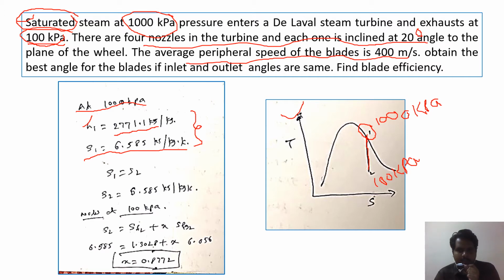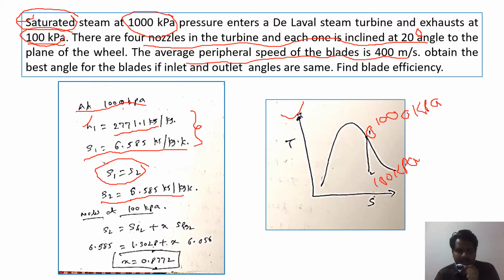As we know, process 1 to 2 is the isentropic process, so S1 equals S2. So the S2 value is the same, 6.585 kilojoule per kg Kelvin. We have calculated the enthalpy and entropy values at point 1.